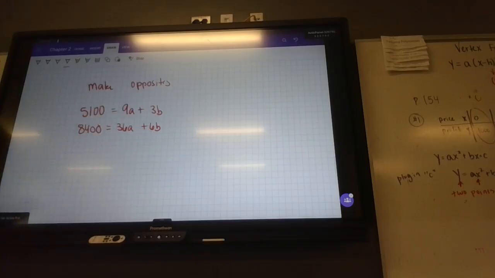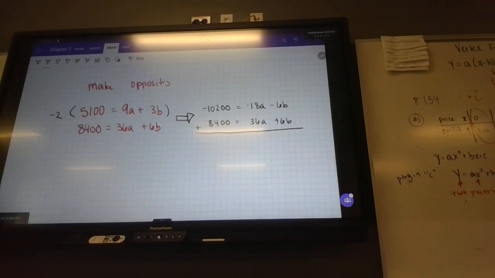I'm gonna multiply the top by -2 because that's what we're gonna most often do. And now we have opposite B's.